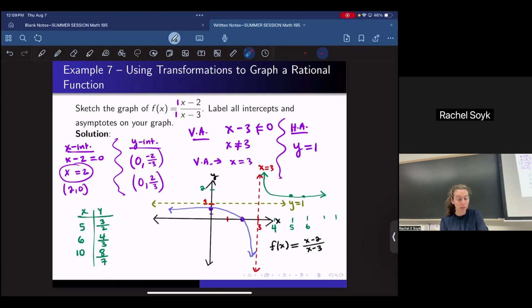So for 4, we plugged in 4. 4 minus 2 is 2. 4 minus 3 is 1. 2 divided by 1 is 2. So 4 comma 2 is a point on your graph. So you only change the X by the value that you choose. Exactly. It's just being strategic, choosing good X values.